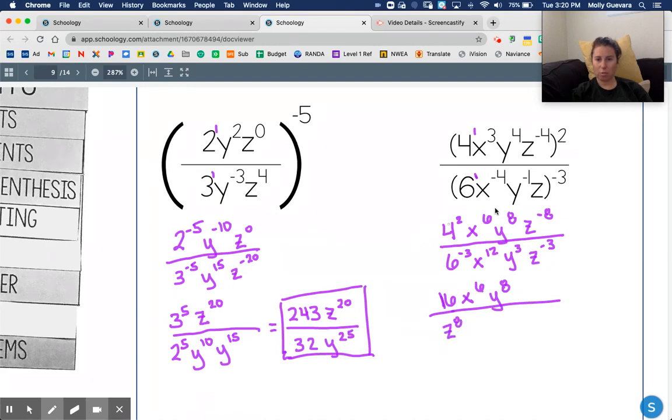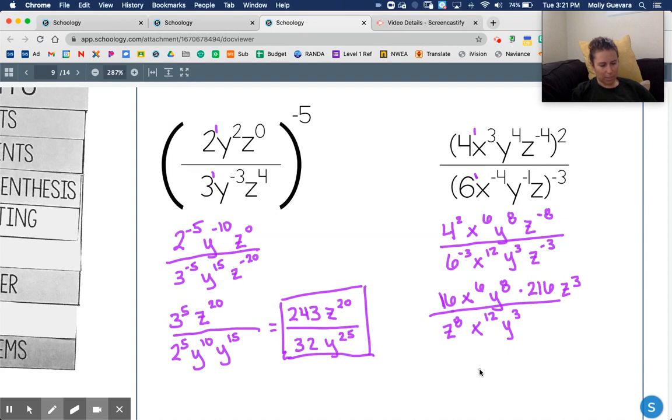So I've just gone through the whole top and moved everything that I needed to. Now on the bottom, I'm going to move things around. 6 to the 3rd is 216, and that goes to the top because it's a -3. X to the 12 stays on the bottom. Y to the 3rd stays on the bottom. And z to the 3rd goes to the top.